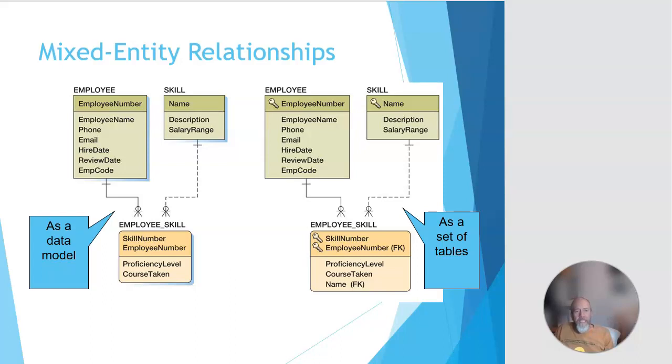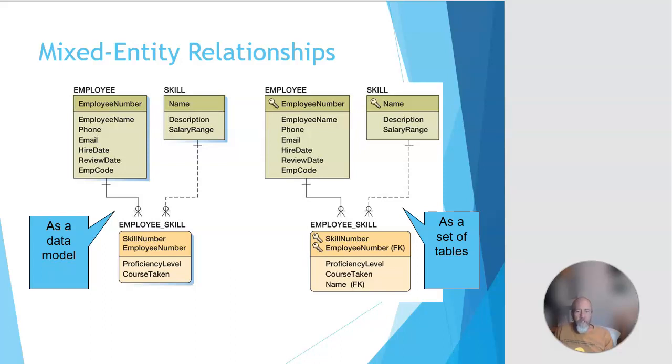So in the case of the one on the right here, if you look at that table design on the right, where the name is the name of the skill, a foreign key which is not associated in the primary at all, and we don't know if that's nullable or not nullable, but the weak relationship says that that skill can live by itself. But the employee skill would probably need to have the name of the skill because it just doesn't make a lot of sense without it.